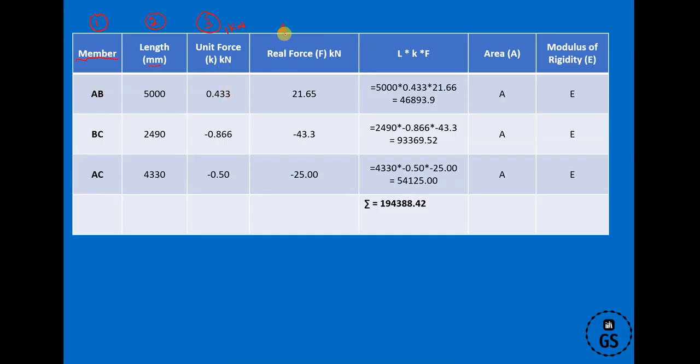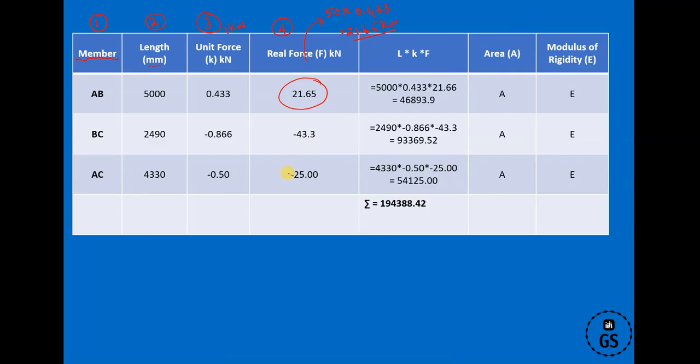The fourth column represents the real forces with 50 kilonewton. How to find it out? This 21.65 is determined by multiplying 50 with your unit force 0.433. So that gives you 21.65 kilonewtons.